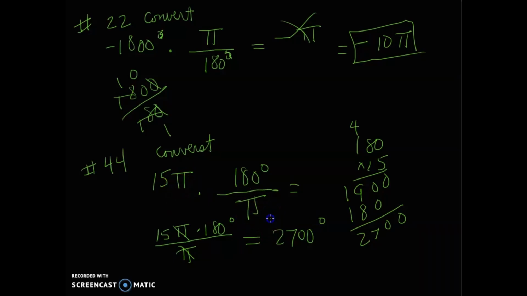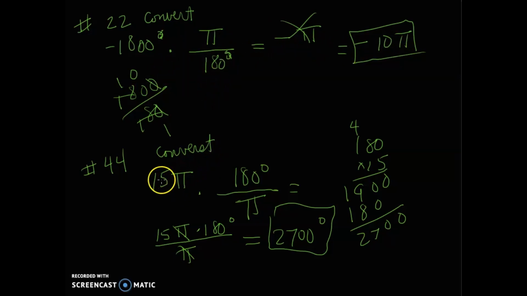Sometimes it's good to check these by just saying, does that make sense? It's a little harder with the radians because you're not used to that. But hopefully with this one you could see, if it's a negative 1800, which is 10 times 180, that's like 10 times pi. So hopefully that makes sense.